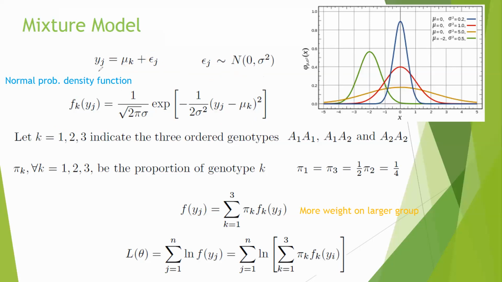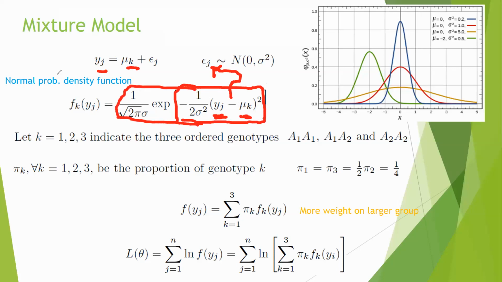So if this individual comes from this category, and we take the difference between the observed phenotype and the expected phenotype, this will become a residual, right? This residual should fit this normal density function very well, and this will increase this probability. Does that make sense?